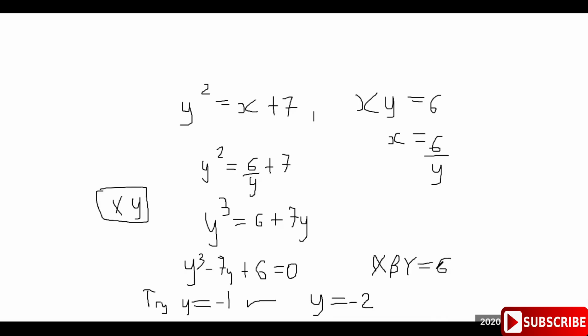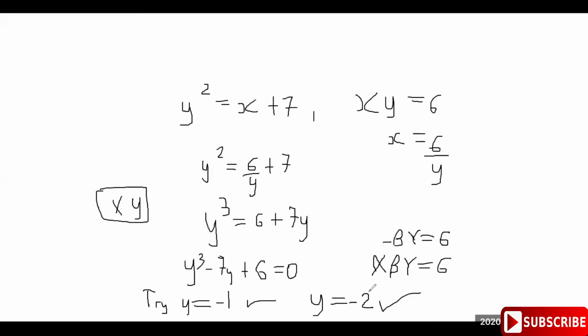We just found that alpha is negative 1, so negative beta gamma is 6. And so we need beta to be negative. So I'm going to try beta as negative 2. Negative 2 cubed is negative 8, plus 6, that's negative 2, minus 7 times negative 2. That's working out to be 0.